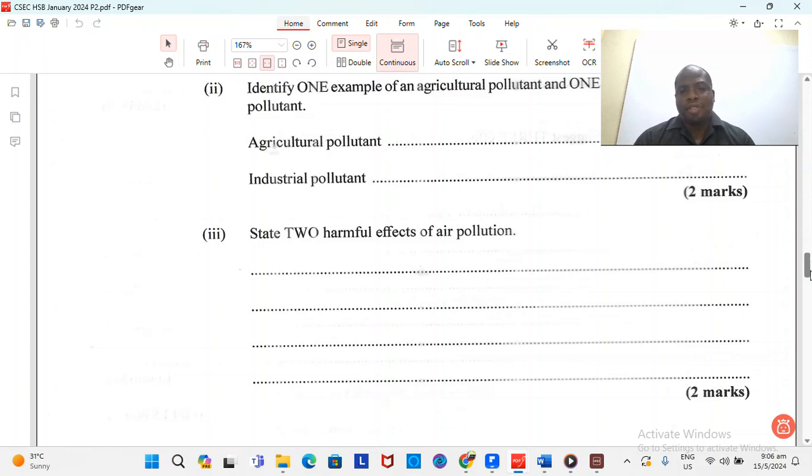Of course, you will have some amount of respiratory problems. That's maybe the one that you as a student will think about. The air quality is poor, and so it will affect our respiratory system, and that can lead to asthma and other respiratory diseases.